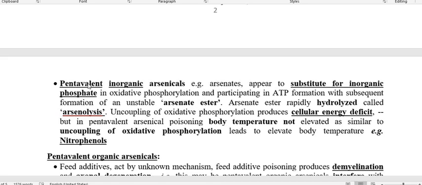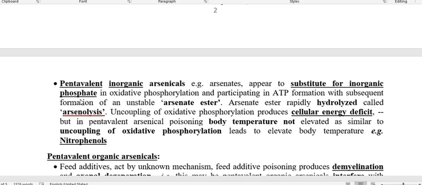PO4 means one inorganic phosphate is participating in the synthesis of ATP. So this pentavalent inorganic arsenical is going to act as a substitute for one inorganic phosphate because of the structural similarity with phosphate.